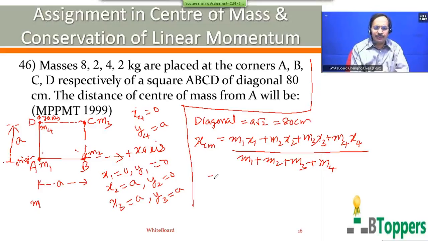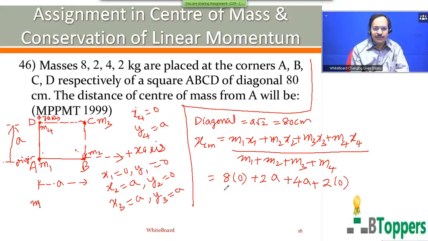Here M1, the mass at the first corner, is 8 kg, x1 is 0. M2 is 2 kg, x2 equal to a. M3 is 4 kg, x3 is also equal to a. M4, the fourth mass, equal to 2 kg and x4 equal to 0.